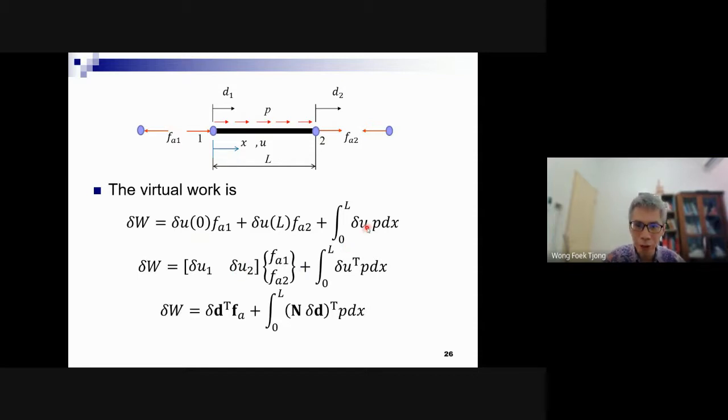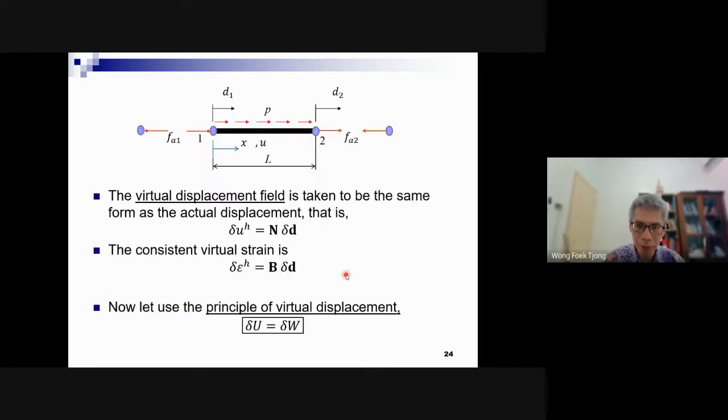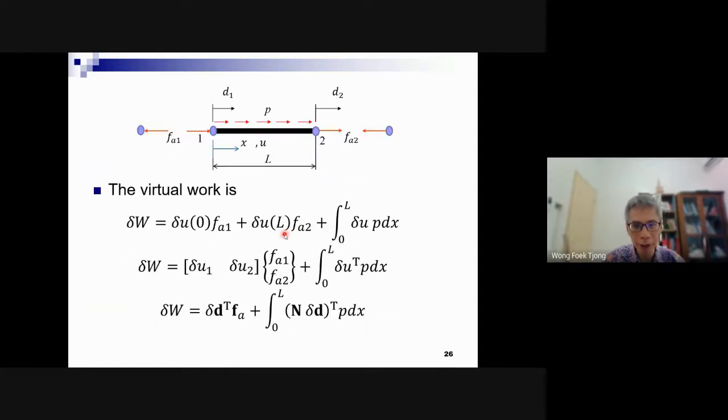Here I just use delta U h transpose. And what is delta U h? From the previous one, we know delta U h is N delta D. This is the definition of the virtual displacement for the finite element formulation. Then P dx. This is nothing but delta D also, because by definition delta D is the nodal virtual displacement at the nodes.